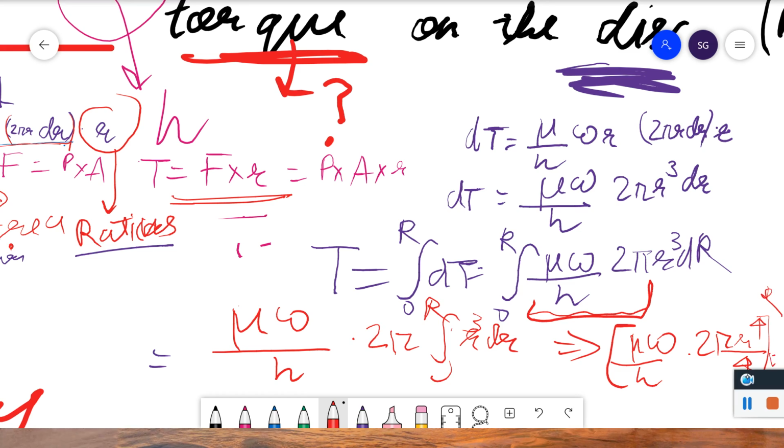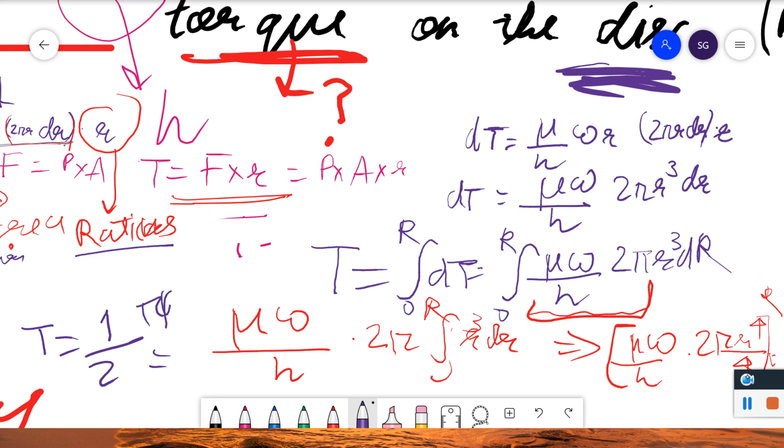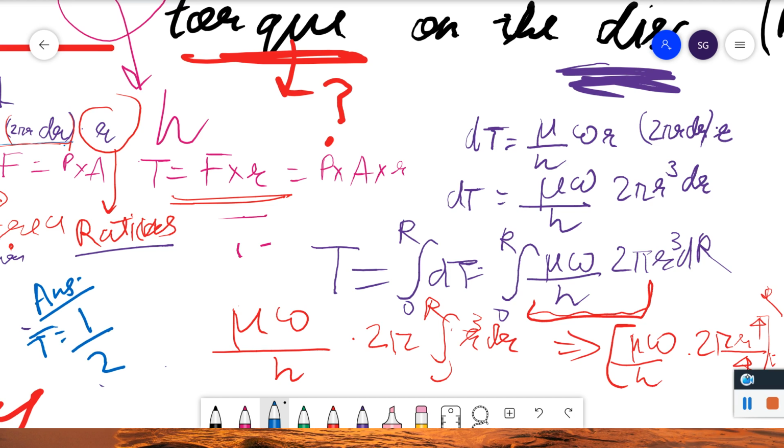So here is our final answer. After simplifying you will get T is equal to 1 by 2 pi mu omega upon h r raised to power 4.